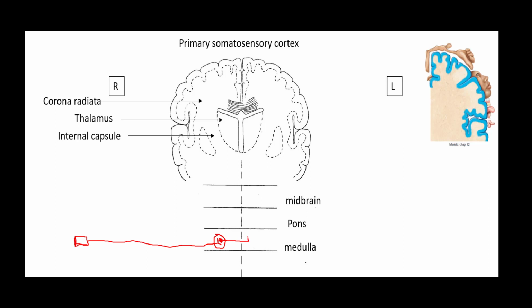After it decussates, it travels up. The second order neuron travels up into the thalamus, and here it synapses with the third order neuron, and the third order neuron will terminate into the primary somatosensory cortex in the region representing the face.